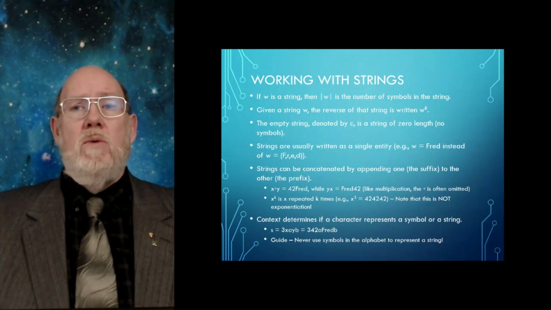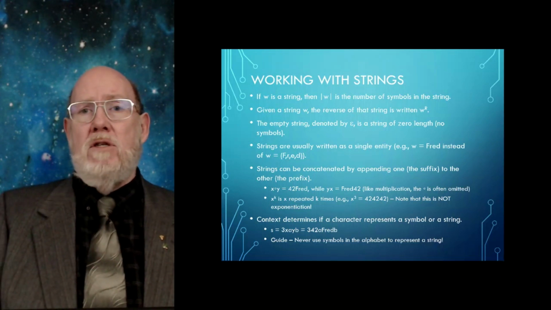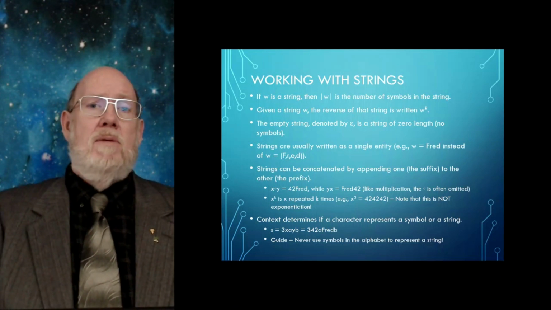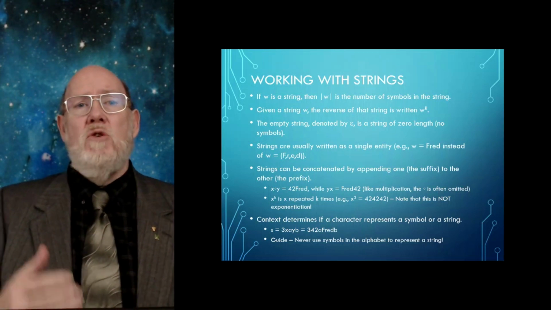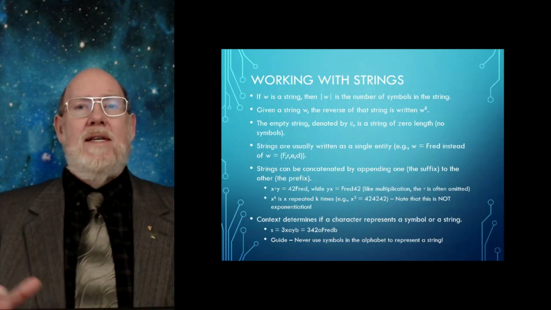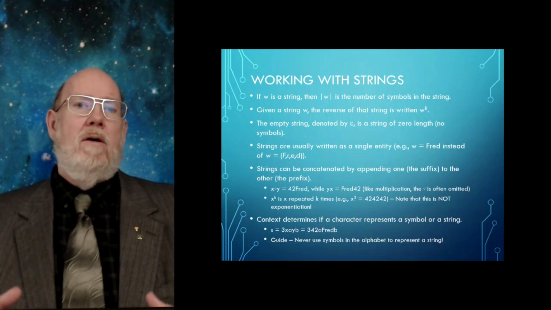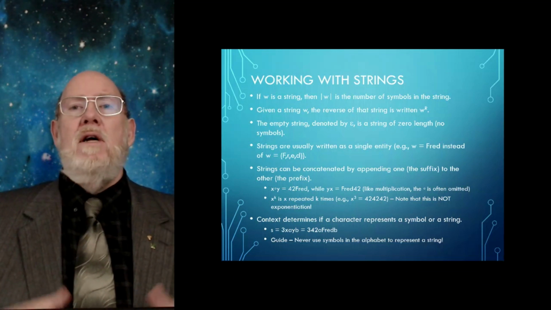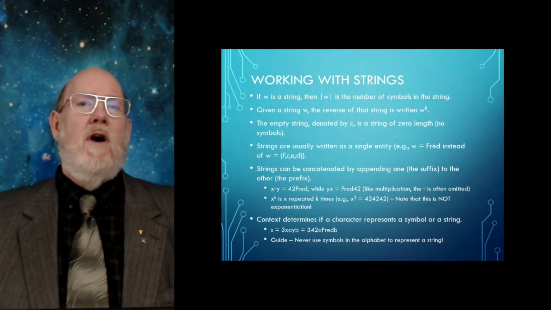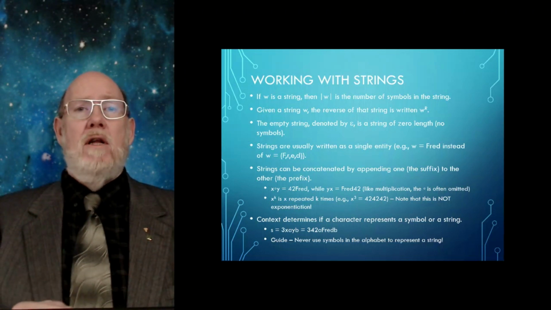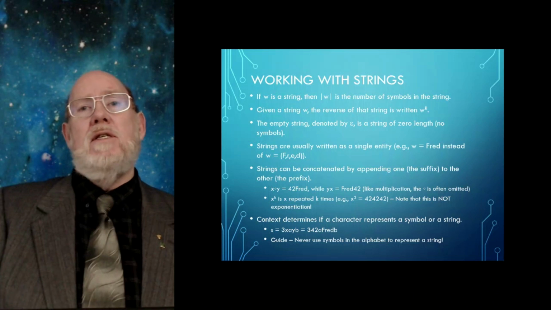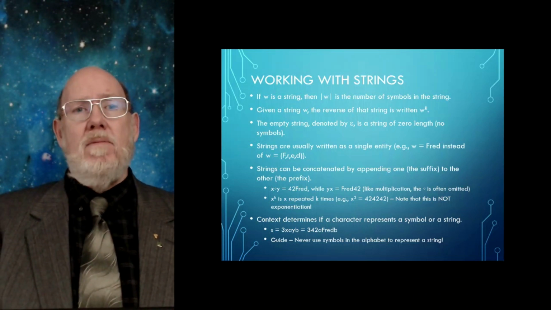Like any sequence, we use epsilon to indicate the empty string, which is a string that has no symbols in it. For convenience and succinctness, strings are usually written as a single entity instead of listing them out as a sequence in parentheses. This is pretty intuitive and works fine most of the time, and whenever we want or need to be clear, we can always use the explicit sequence notation.